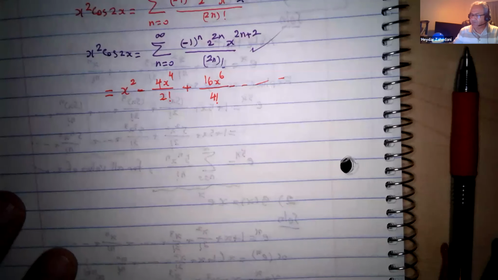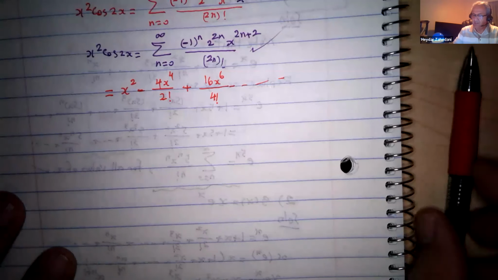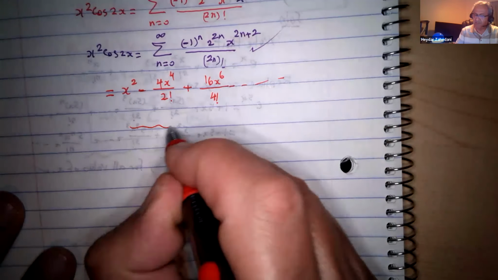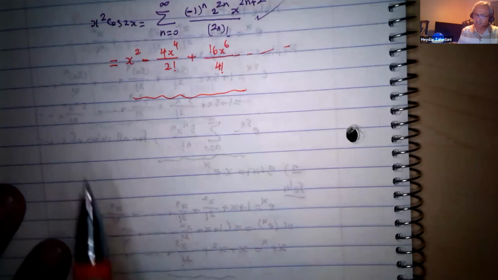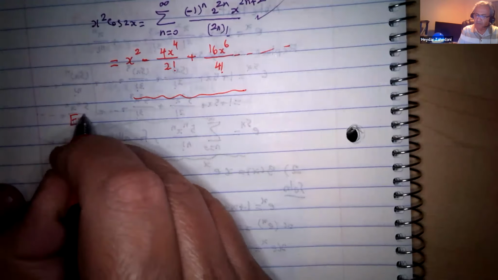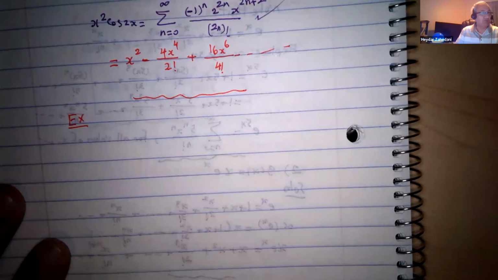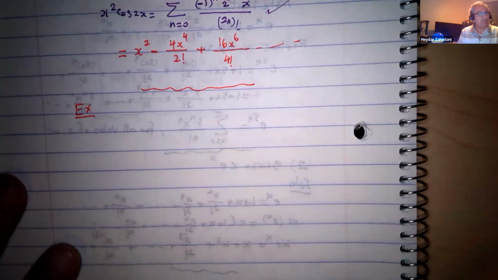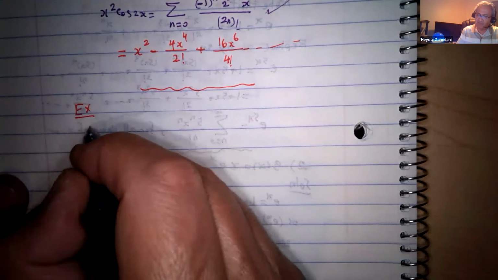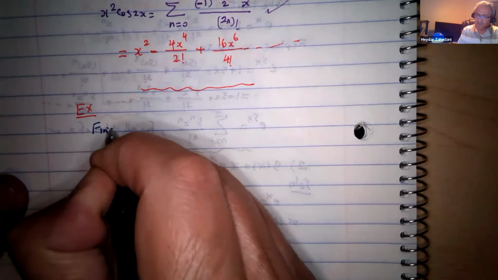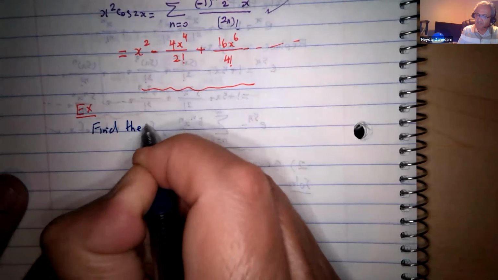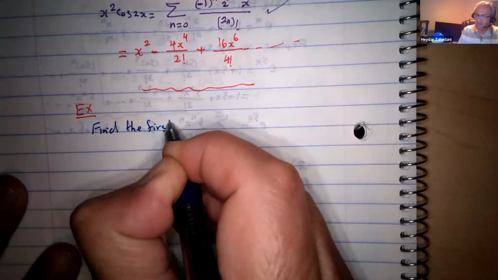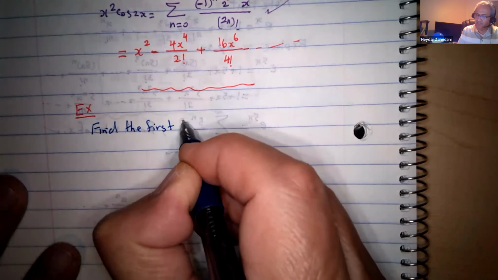So I'll give you another one. Be ready for different sorts of problems. Okay, this is another type, and you cannot use any shortcut for this one. You are going to be asked to find the first 4 terms.